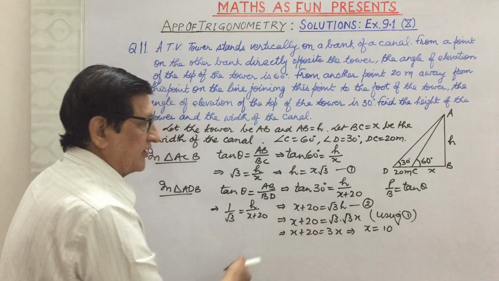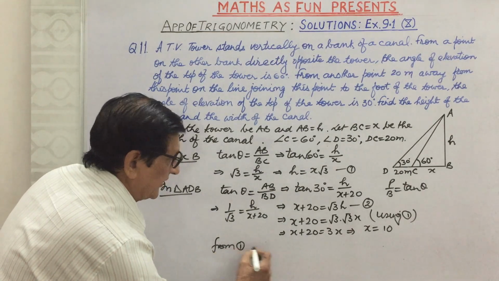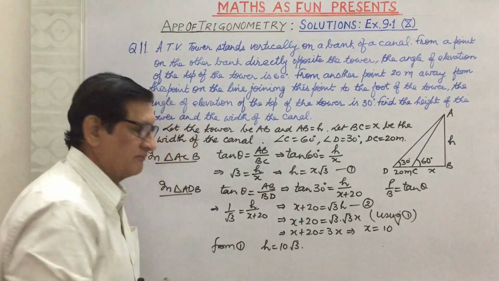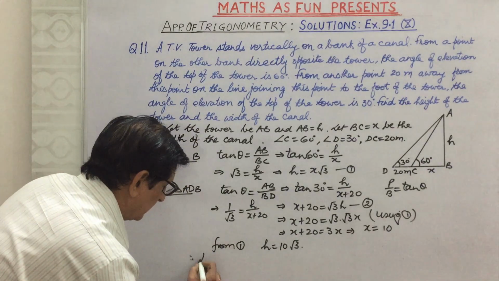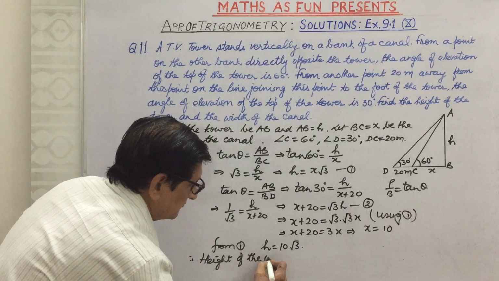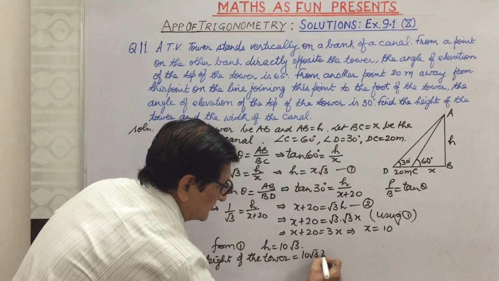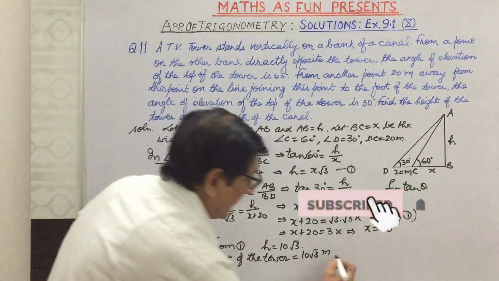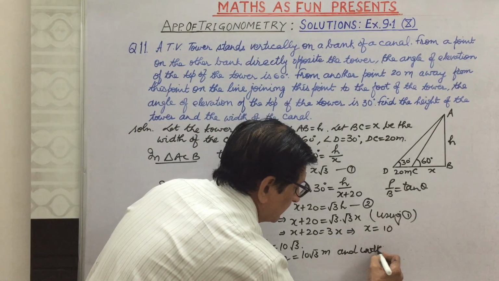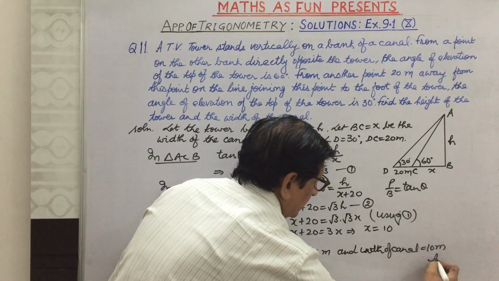After getting the value of X, we can substitute that in 1. From 1, we can get the value of H as X means 10 into root 3. So we are getting the height of the tower is equal to 10 root 3 meters and width of canal is equal to 10 meters.